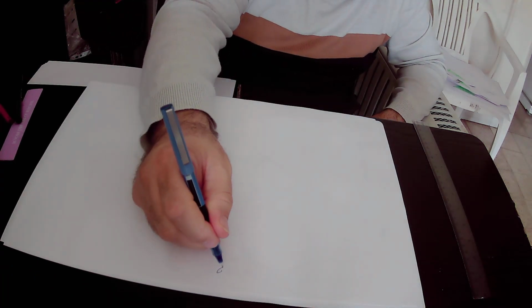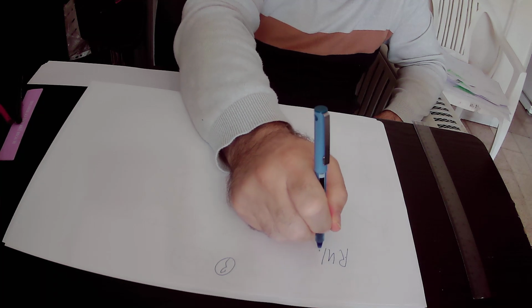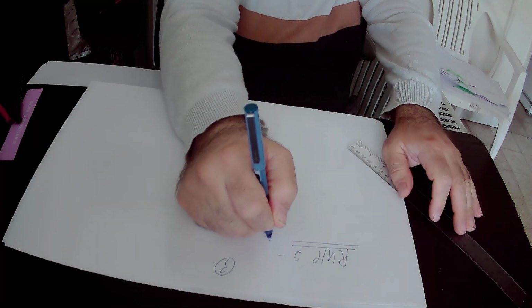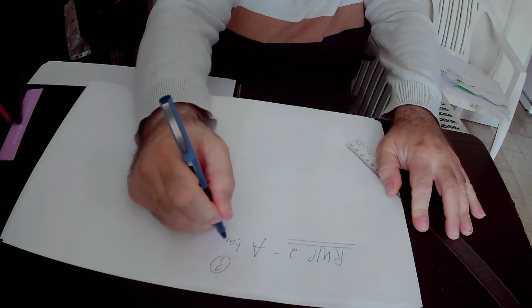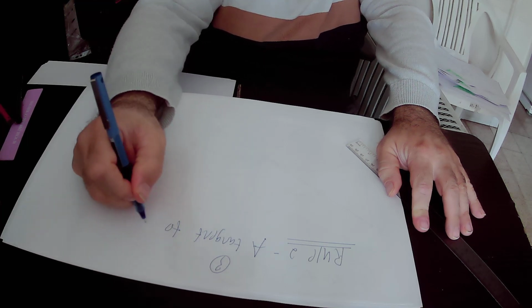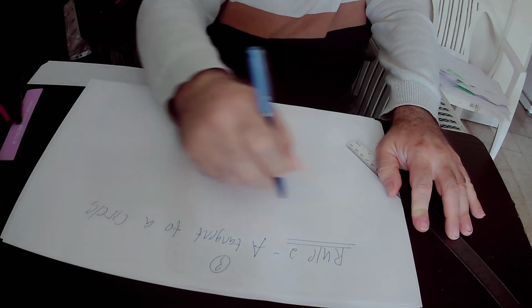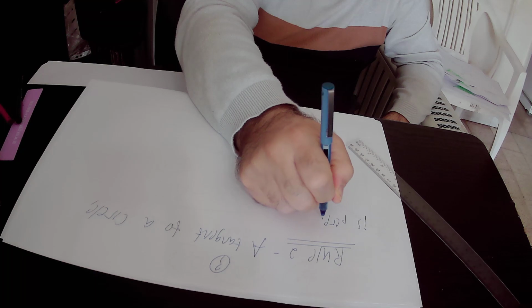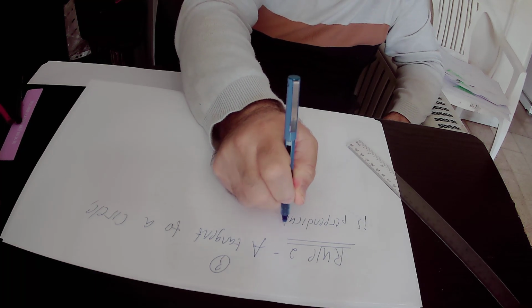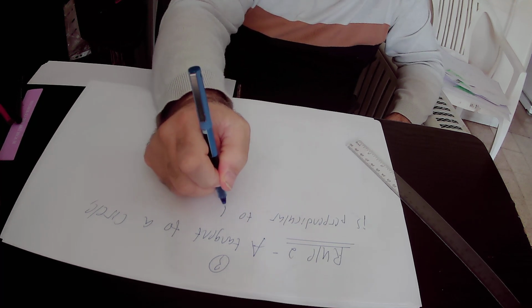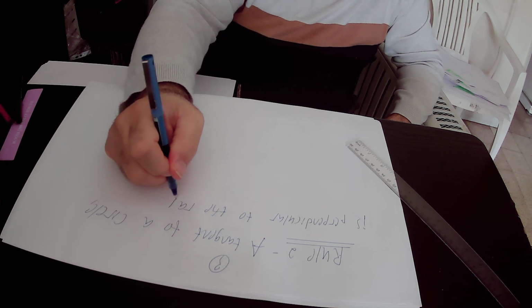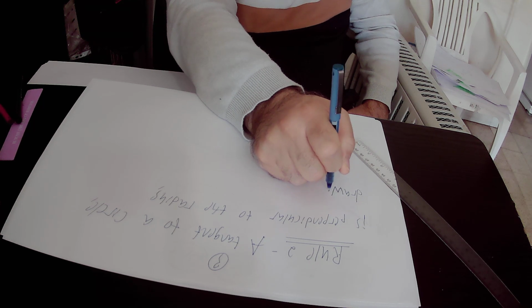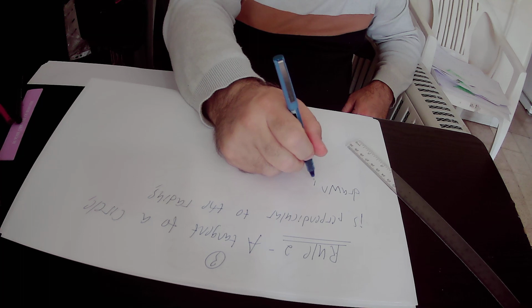Rule number 2 states that a tangent to a circle is perpendicular to the radius drawn to its point of tangency.